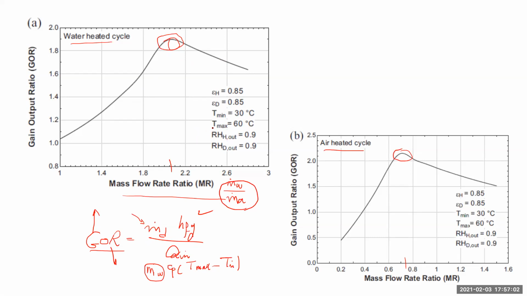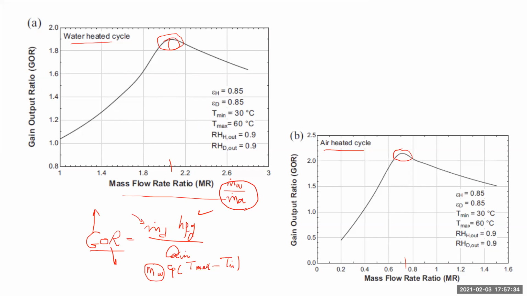So you can look at it from this angle, or you can look at it from the other angle, that you have a certain water flow rate and you are introducing air, you are increasing air, decreasing the air. Anyway, the idea remains the same. If you are fixing the water flow rate and you are admitting the air in, you are going to have a small amount of air, which means that it is not making full capacity. It's not carrying all the water vapor it should.